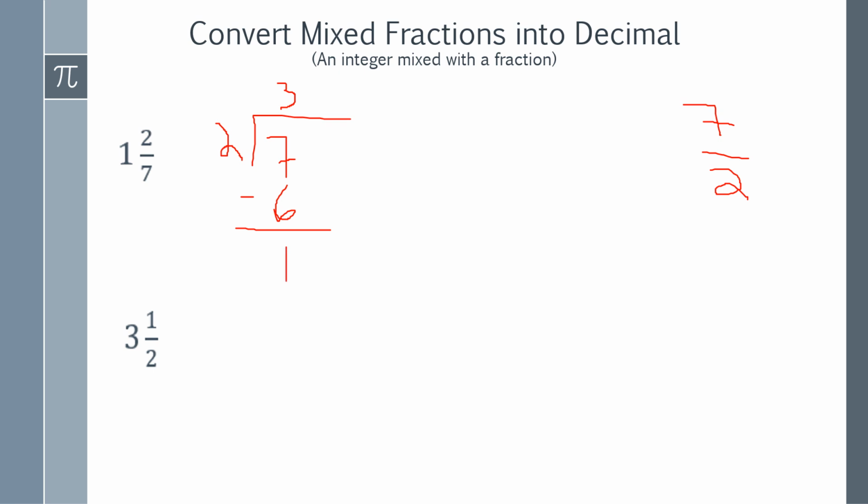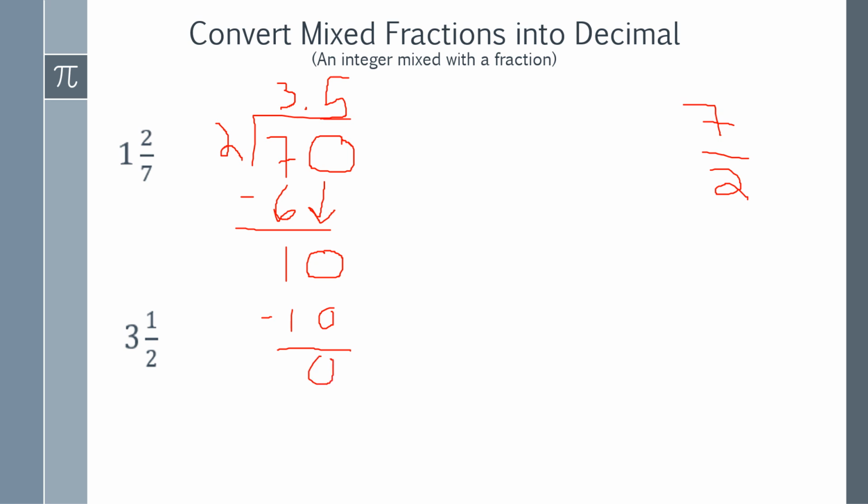2 cannot go into 1 evenly, so what we do is we add our 0, and when we add our first 0, we put the decimal point up here, bring that 0 down. That gives us 10. 2 can go into 10 5 times. 5 times 2 is 10. 10 minus 10 equals 0.